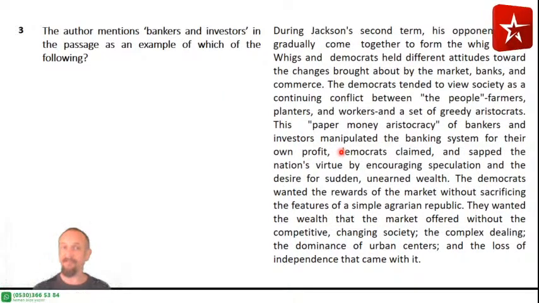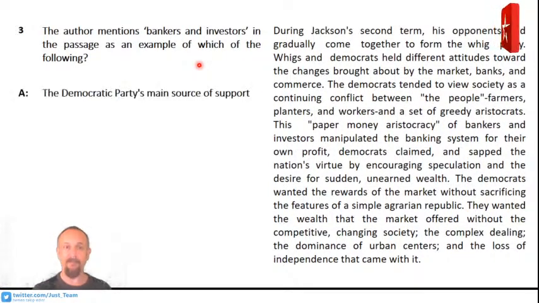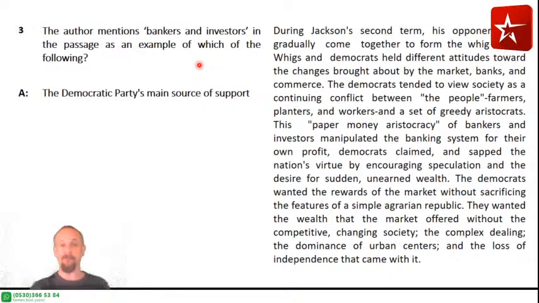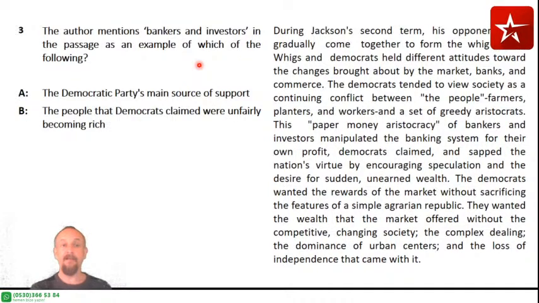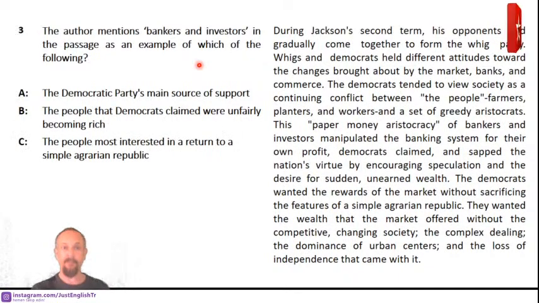If you're watching and you've been listening, you know you should be going down here and looking for that information. So we've got the Democratic Party's main source of support, the people that Democrats claimed were unfairly becoming rich, the people most interested in a return to a simple agrarian republic.